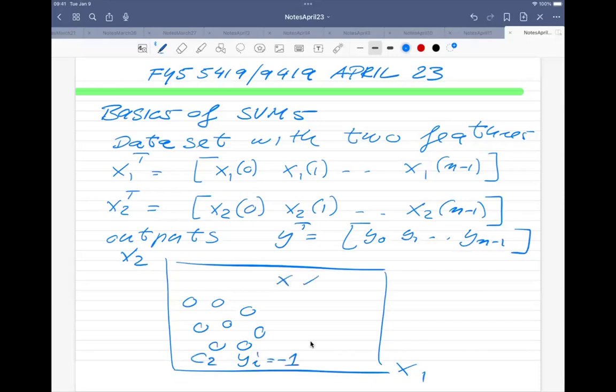And then I have the crosses here, which correspond to another set of observations. I'm going to call this domain C1, and that corresponds to y of i equal to +1. So we have 2 outputs. It is a binary case, so true, false, 0, 1. I chose to have it be -1 and +1.